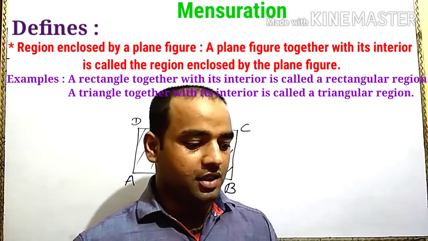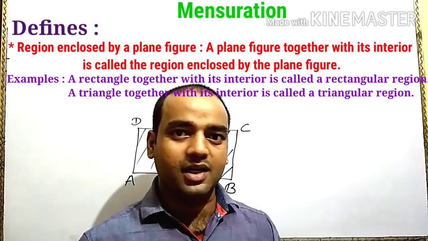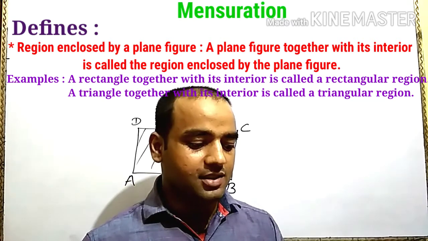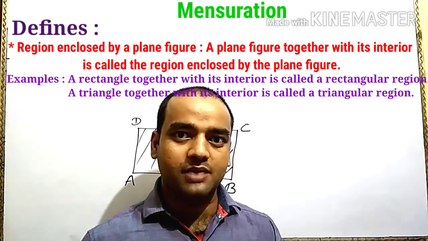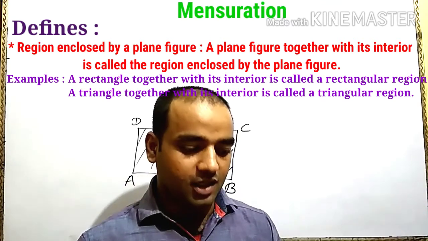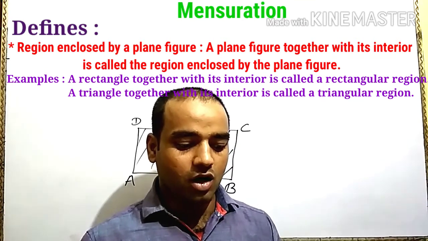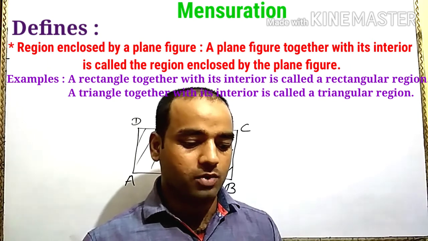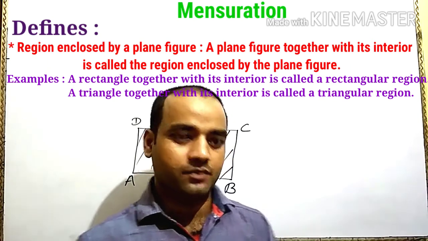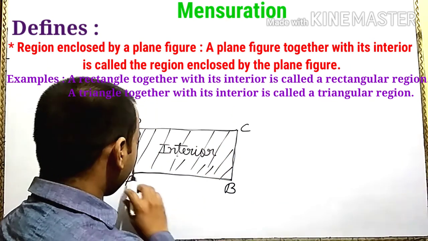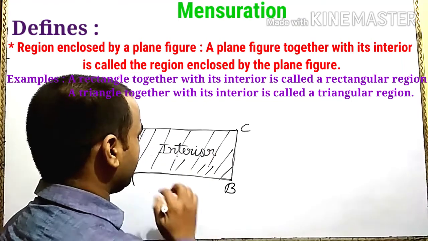Next define region enclosed by a plane figure. What is region enclosed by a plane figure? A plane figure together with its interior is called the region enclosed by the plane figure. Here take a figure ABCD.